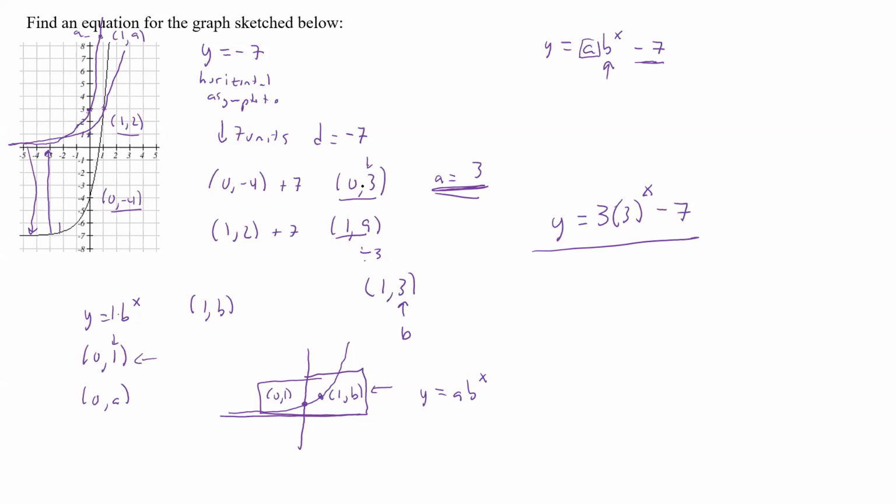In that case it was 3, maybe in a different one you'd have something else, but it was stretched 3 times basically. Because I already had my other point, the 1, 9, I knew I had to unstretch it by a factor of 3. So I took the 9 divided by 3 and got down to the 1, 3. That gave me my b, and then I could just plug everything into that formula and simplify from that. Does that make sense?